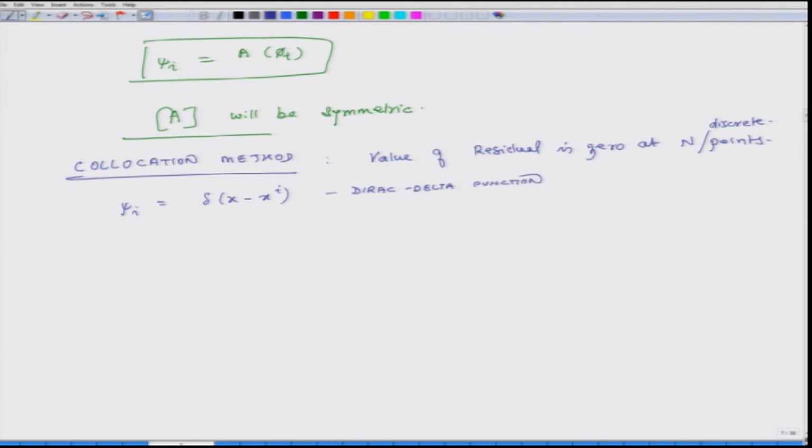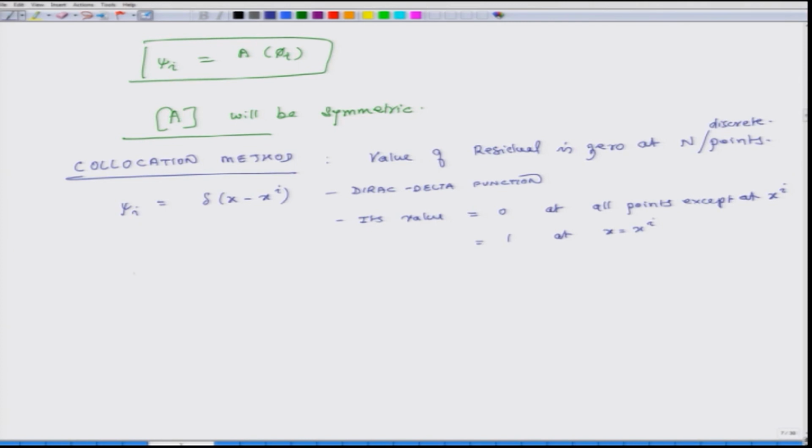Its value is equal to 0 at all points except at location xi. So, it is not x to the power of i, it is just a way to designate it, okay. And its value is 1 at x equal to xi.